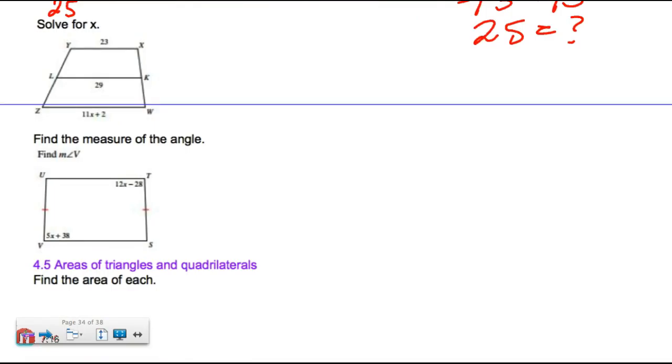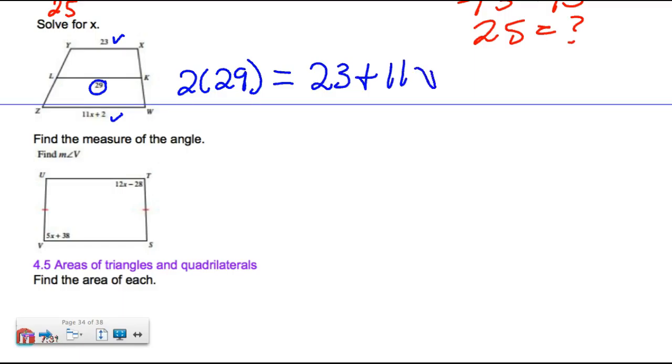So let's go take a look at this one. What do I know? I know that this is the average of these two, but it's easier to say twice the median is going to be equal to the sum of the two base lengths. A lot easier because then I'm not working with a fraction.